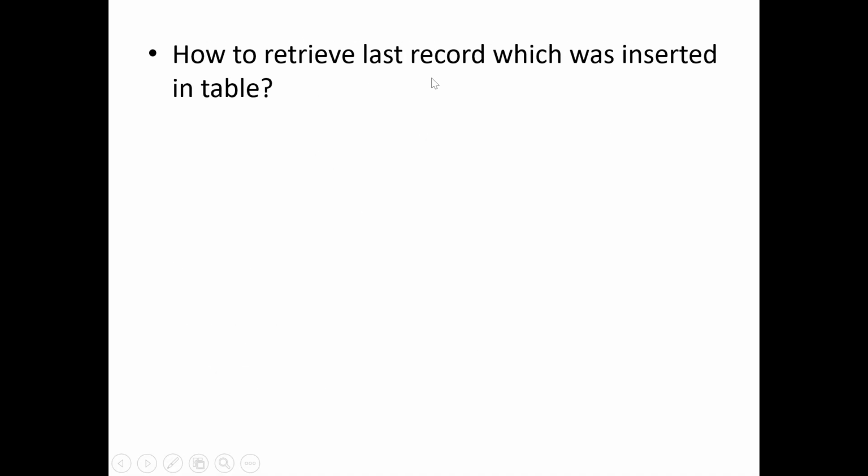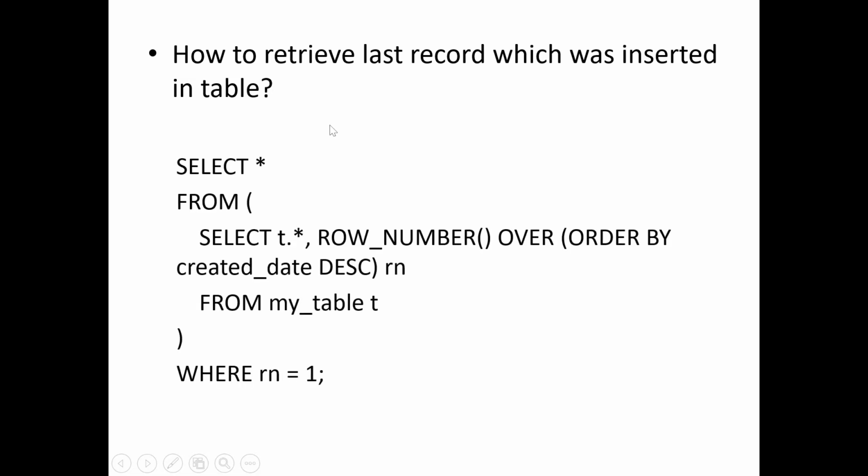How to retrieve the last record which was inserted in a table. We are using an inline view and another analytical function, ROW_NUMBER, using the column created date, a date column.